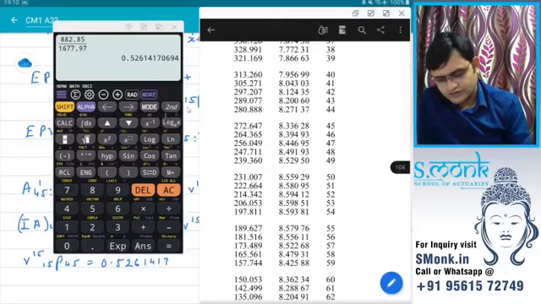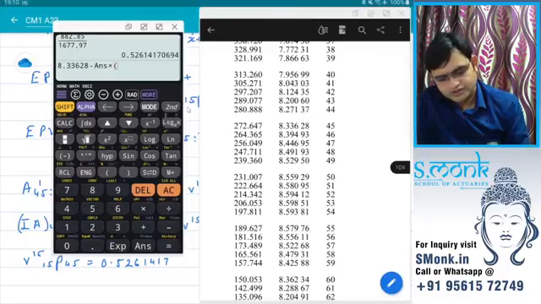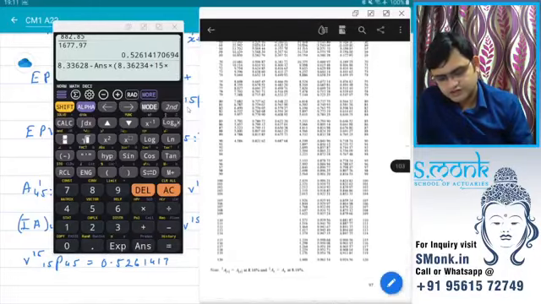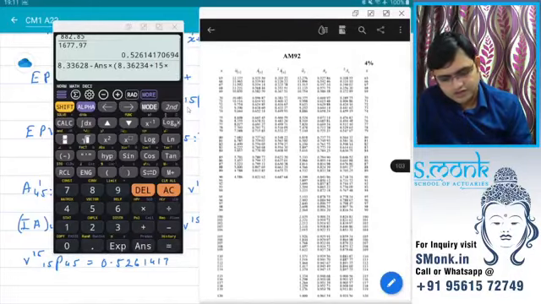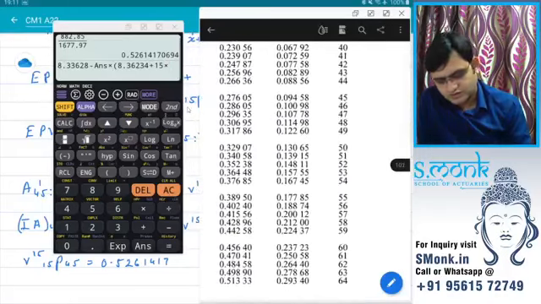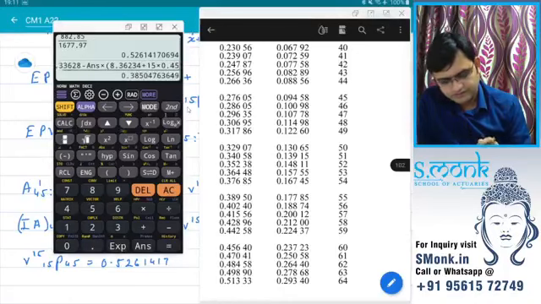So 45, 8.33628 minus answer into bracket 60 would be 0.32634 plus 15 times capital A 60, capital A 60, 0.4564, bracket close.